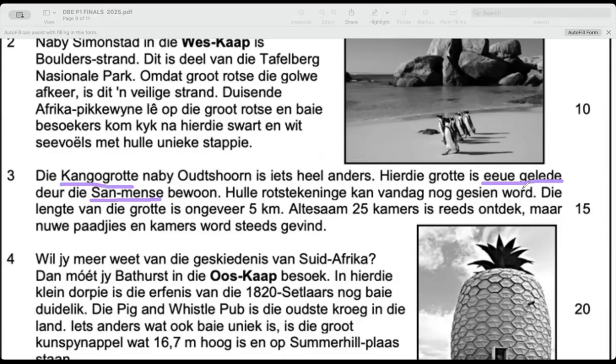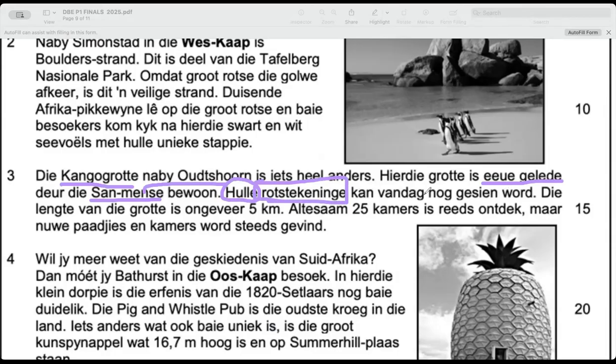So the question was, how do we know that the Sand people were in the Kango caves? And if you look here, hulle obviously means the Sand people, and you've got rotstekeninge. Rots means a rock. So here, this is the key word that you were looking for.